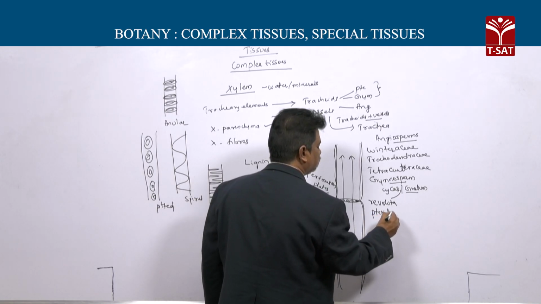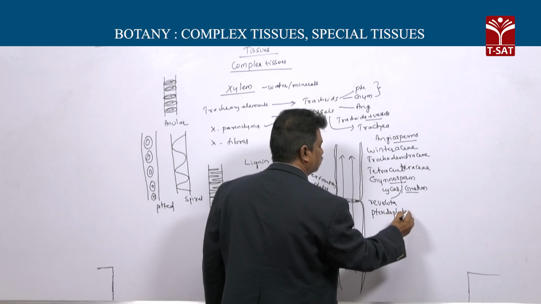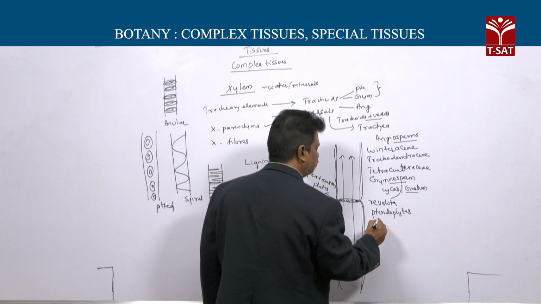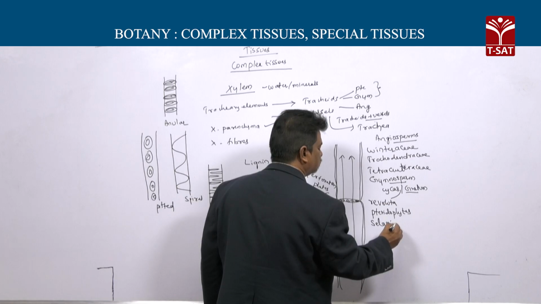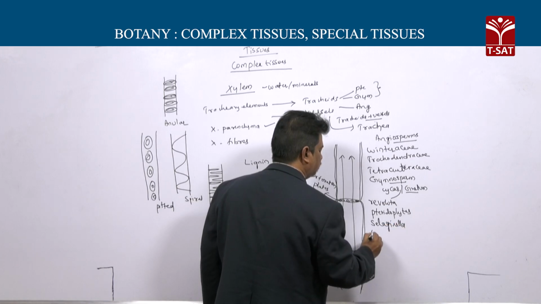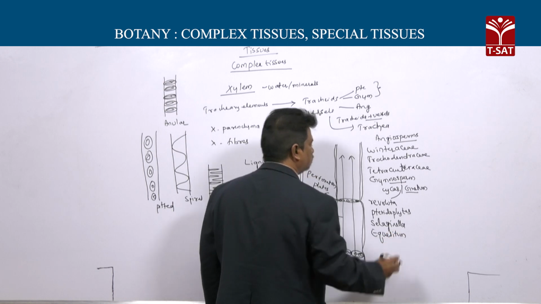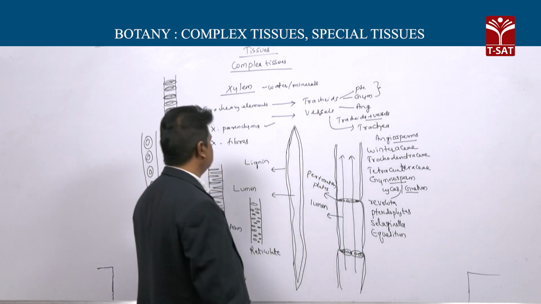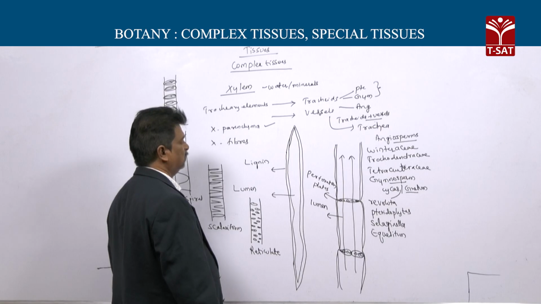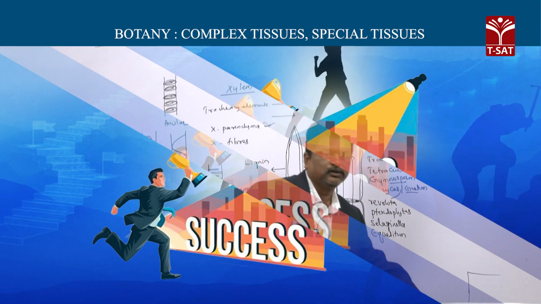Generally, vessels are absent in pteridophytes, but some pteridophytes like Selaginella and Pteridium contain vessels. So these are about tracheids and vessels.